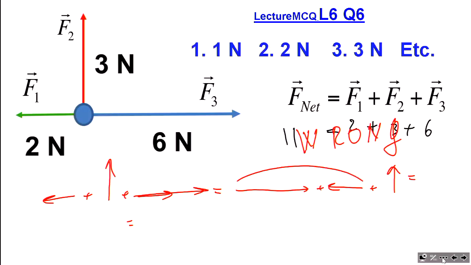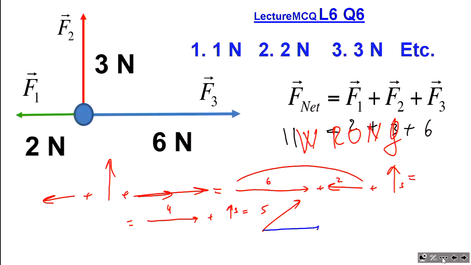Here I have 2 vectors opposite to each other, so together they give me one shorter vector. This is 6 newtons to the right, this is 2 newtons to the left, 3 newtons up. So here I have 4 newtons to the right, plus 3 newtons up. That gives me 5 newtons. At what angle? That's not a question, but we can immediately figure it out.